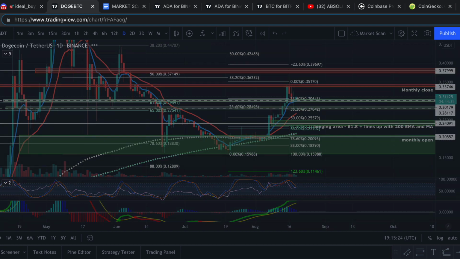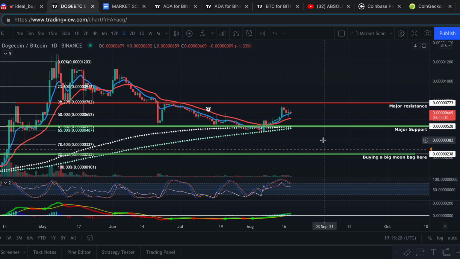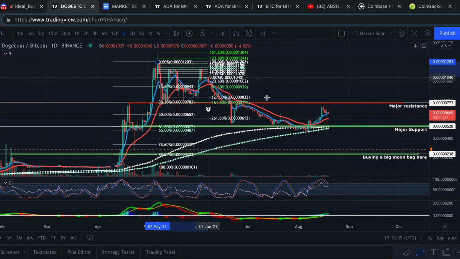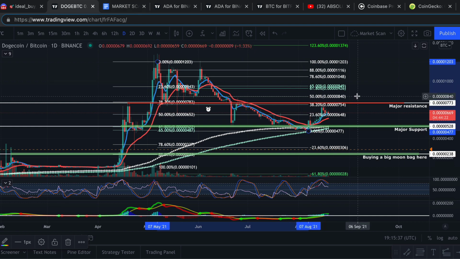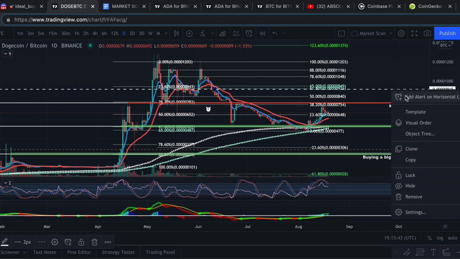And let's look at Doge against Bitcoin. Maybe that'll give us a little bit more clarity. So this is major resistance for Doge versus Bitcoin. And if we take the Fibonacci from the top to the bottom, there's two big resistances. That one and this one right here.